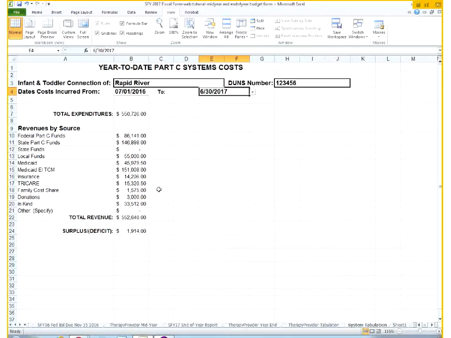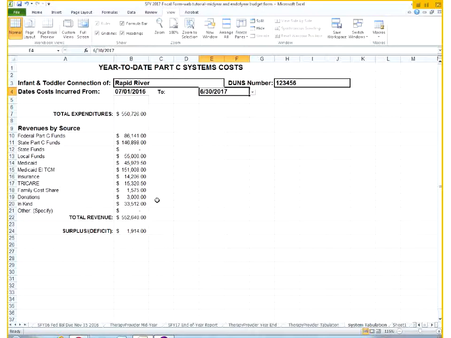So you want to ensure that when you're working on your budget, that you're working off the same spreadsheet, because otherwise you're going to have to do a lot of back work and going back in and putting in those formal numbers so that it calculates this information appropriately. Sarah mentioned this a little while ago, but talking about how to report information on the therapy tab versus the actual fiscal form.